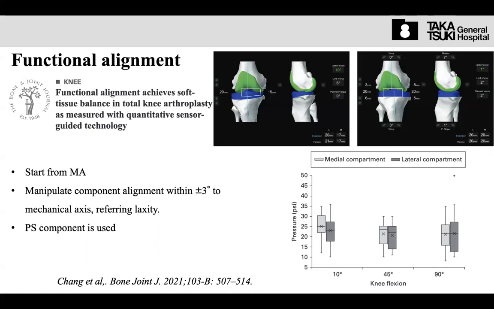Anyway, I should explain the gap balancing technique. Okay, tomorrow I will talk about how to do the gap balancing technique. Then you can understand why some surgeons focus on the functional alignment technique, because that is a truly pure gap balancing technique using the computer devices.